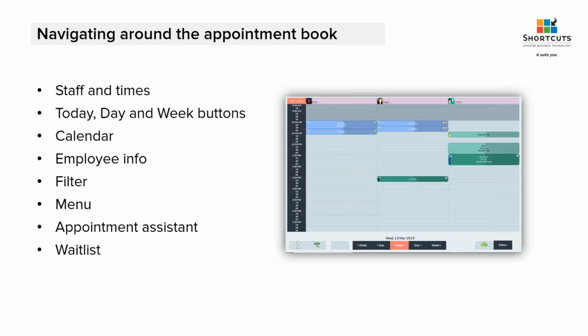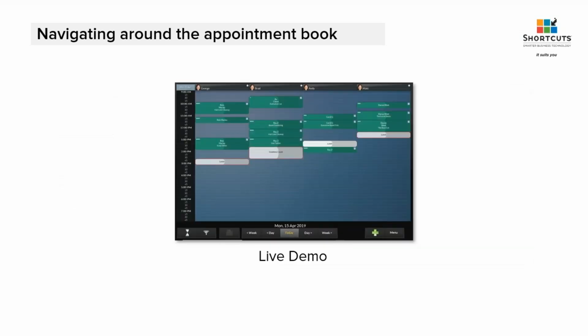So we get to see the staff, we get the ability to jump forwards or backwards to look at today's date, in a day or a week at a time, to jump ahead using the calendar feature, how to get employee details, how to filter out certain staff or certain customers. What are the features in the appointment book menu? How to work with the appointment assistant, how to use the wait list.